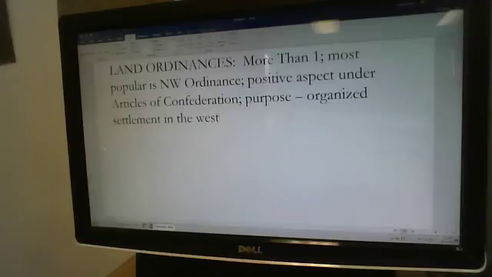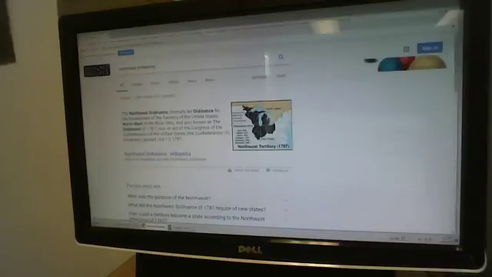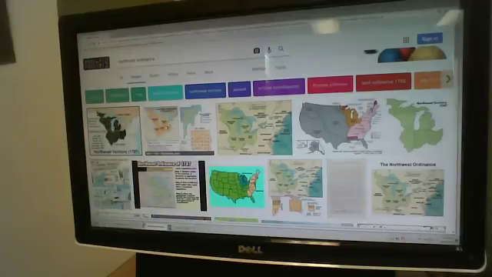For example, cities and towns, areas were actually drawn in a grid-like pattern. If we were to go to Google and pull up the Northwest Ordinance and look up images, you can see that's what you're looking at.